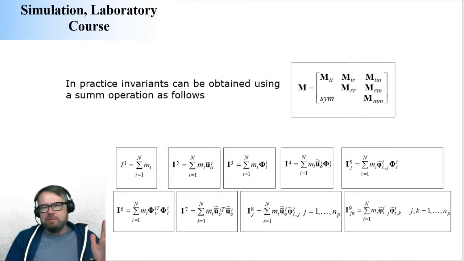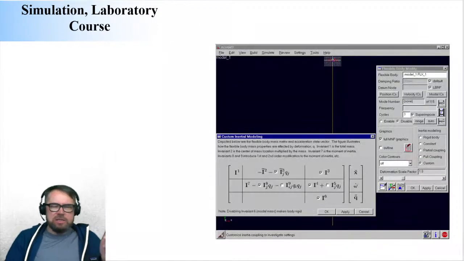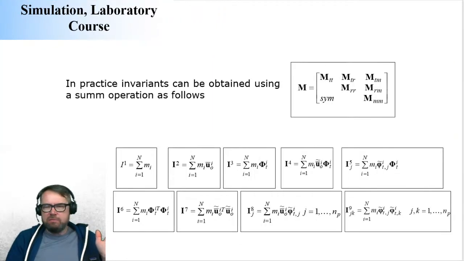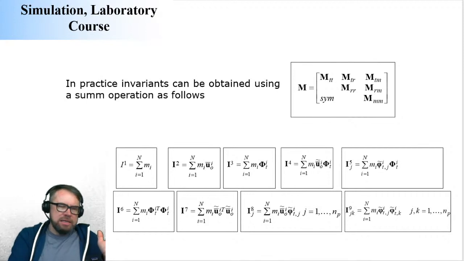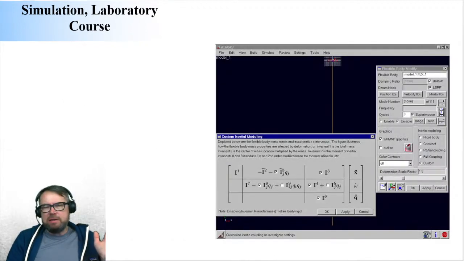This is how they can be computed. And this is a screenshot from a commercial software, Adams. Look at the numbers, they are 1 to 9. The same numbers are shown here, and this is where the user can start playing with how well they are combined.